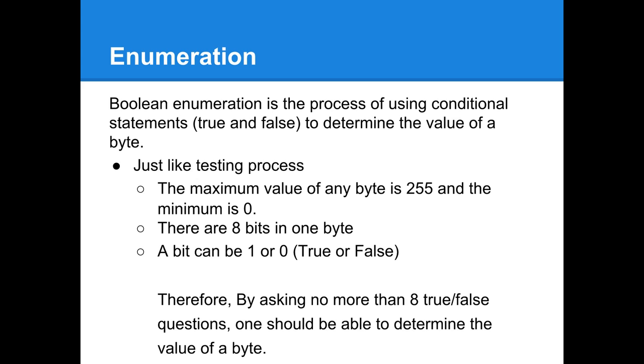You iterate over each character, and you test by single true and false statements the value of that byte. Each byte has 8 bits, so that should be no more than 8 true or false questions. If it's any more, your approach is likely inefficient.